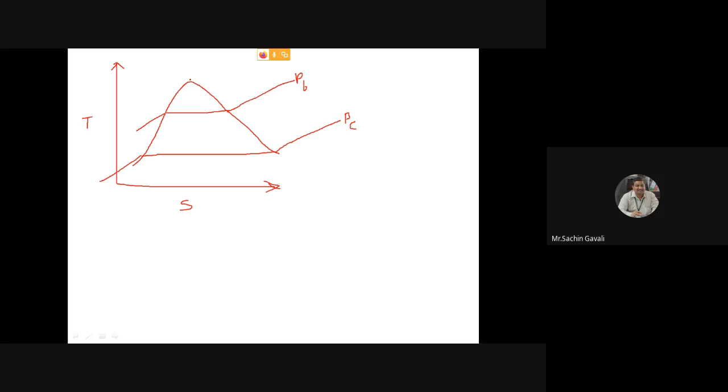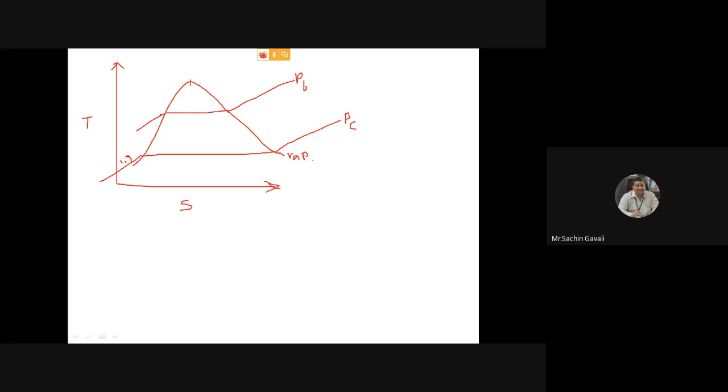This is our critical point. This is our liquid, pure liquid. Where is our location of point number one? Point number one is dry saturated, at boiler pressure.